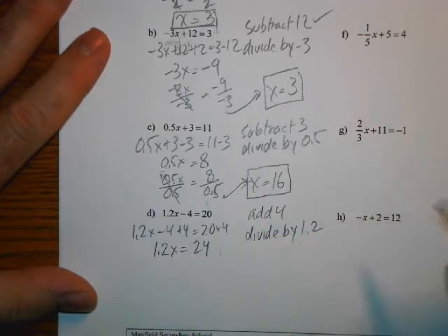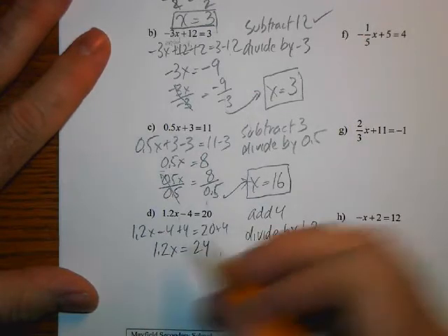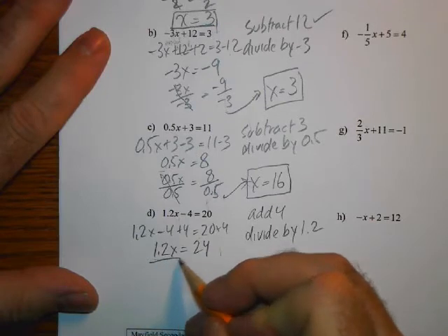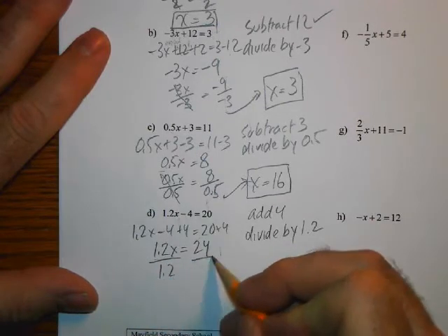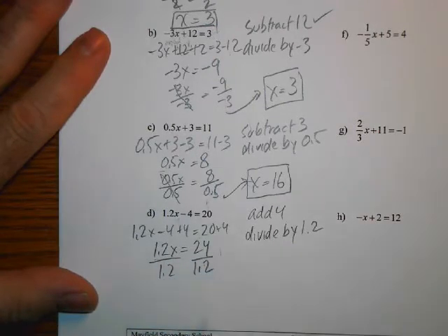And again, maybe this time I'll just do the divide by 1.2 on both sides. This is what I meant by doing this in one step, but I did want to show you that we did this first and then we did the division.